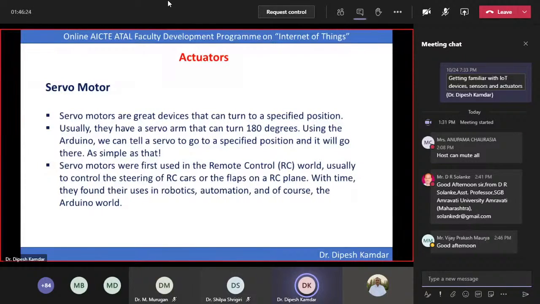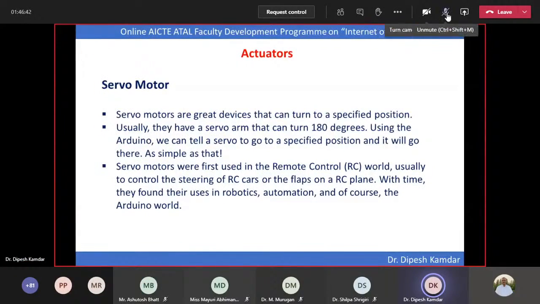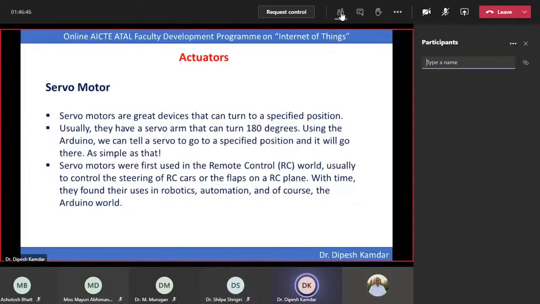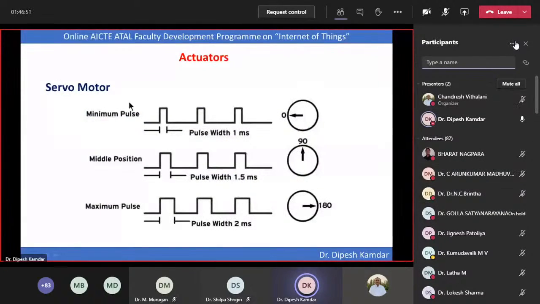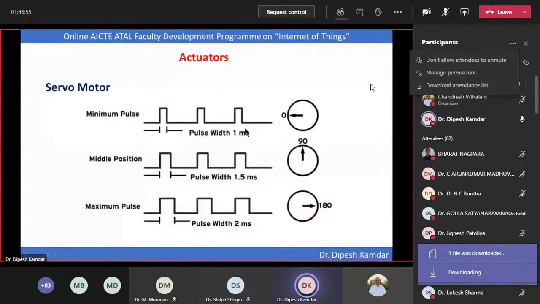Then it goes to the servo motor. The servo motor works for a specific position. It rotates 0 to 180 degrees, depending on the pulse width of your output pulse. With the minimum pulse width of 1 millisecond, it rotates to 0 degrees.